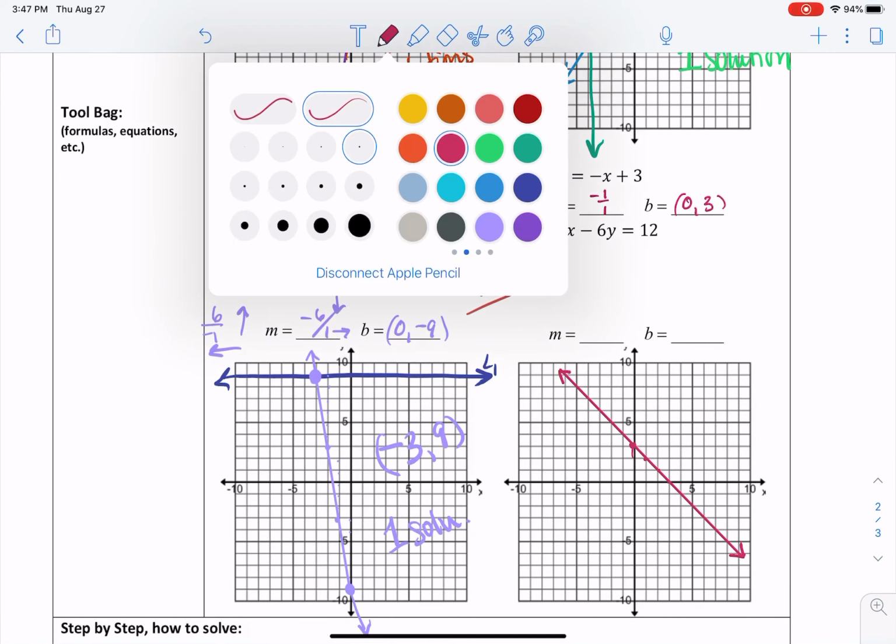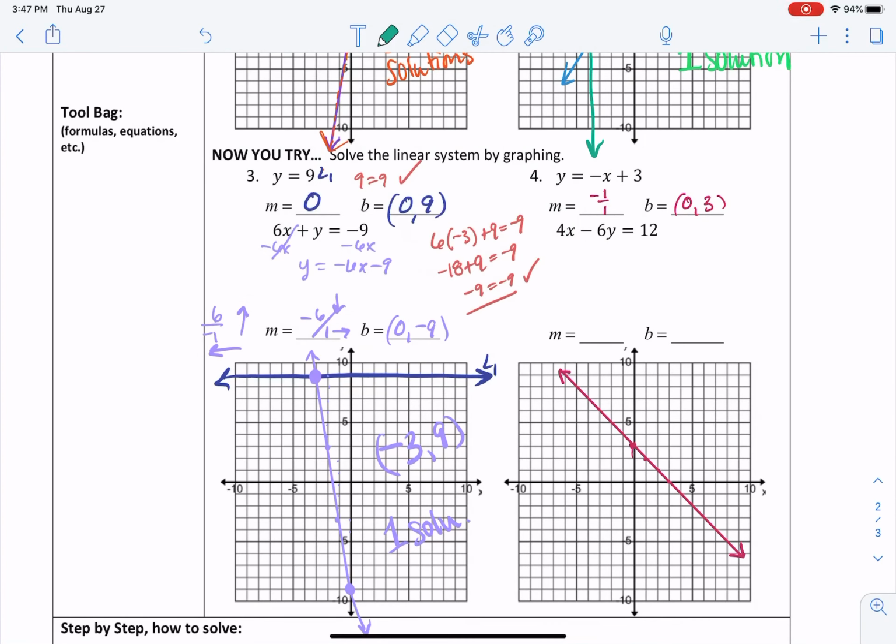The second one, of course, is not in anything that we can graph easily, so we got to put it in slope-intercept form. So subtract the x from both sides. Negative 6y equals negative 4x plus 12. Divide. Y equals 2 over 3x minus 2, where my slope is 2 over 3 and my intercept is 0, negative 2.